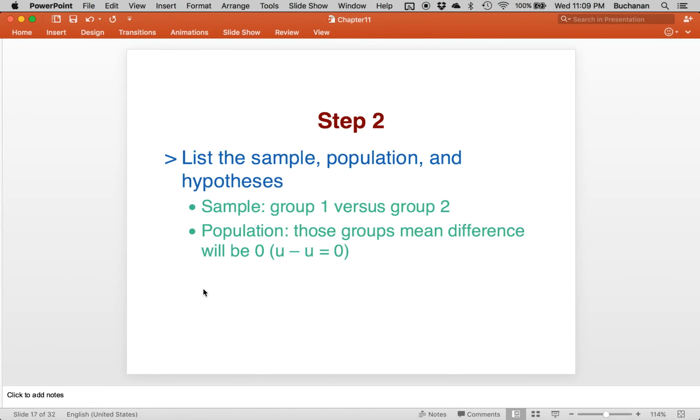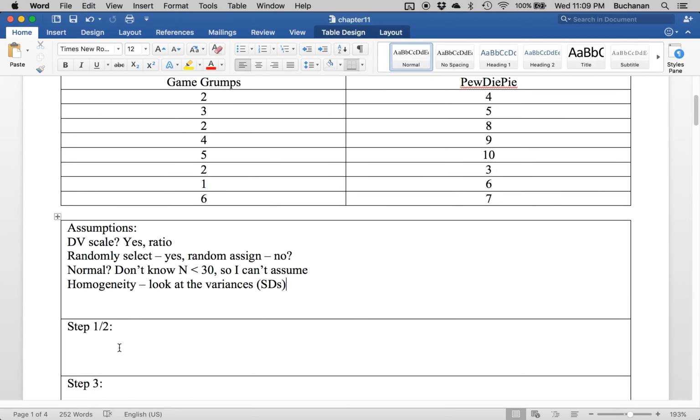The next step is to list the sample, population, and hypothesis. So for my sample, I'm going to do group 1 versus group 2. In theory, the population is that the group difference will be 0, so mu minus mu equals 0. But to really distinguish this from dependent t, what we're actually going to do is type sample 1 over here and sample 2 over here.